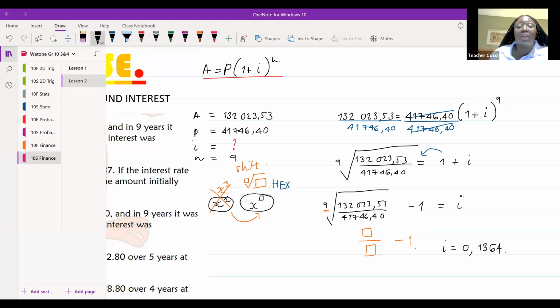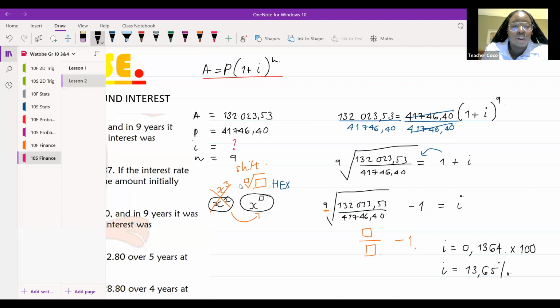How do we calculate it? Correct. We must times it by 100. So my interest rate is actually equal to how much? 13.65%. Correct, 13.65. Let's take it there, percent.